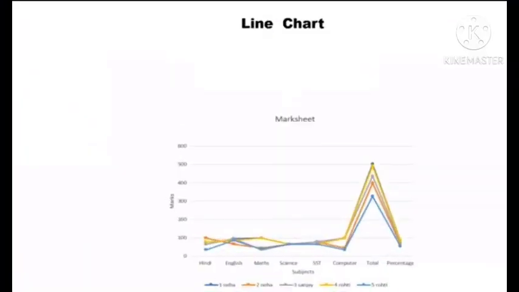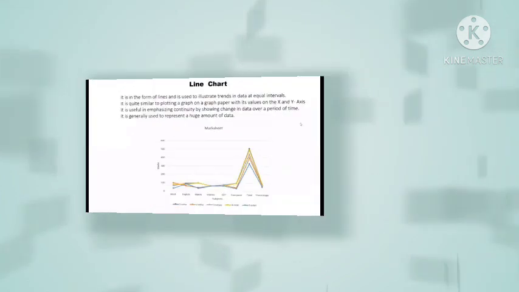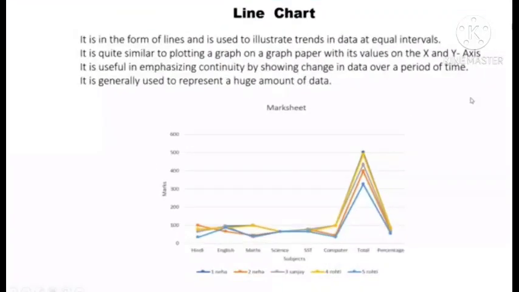The next type of chart is the line chart, children. You can see here on the x-axis and the y-axis the scale is being given and the category is given, and then you can see the marking in the form of a line. It is in the form of lines and it is used to illustrate trends in data at equal intervals.